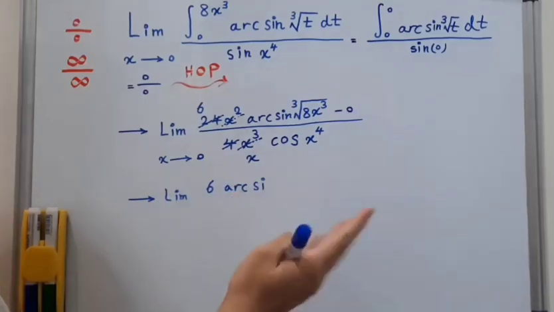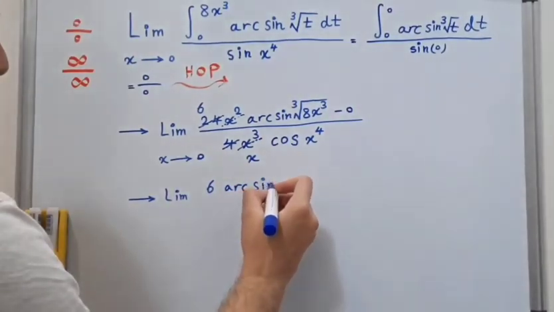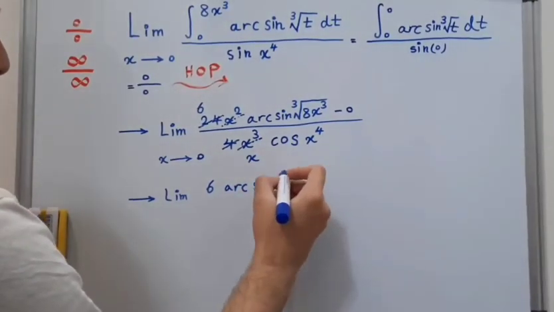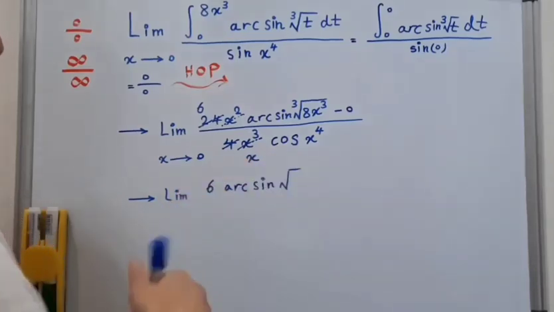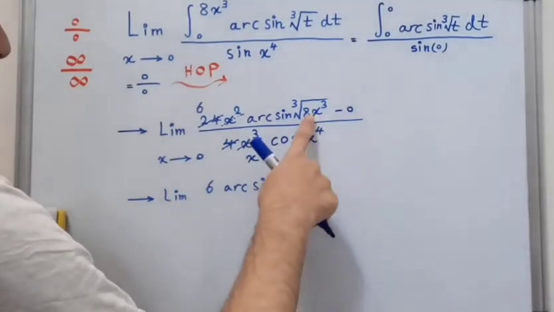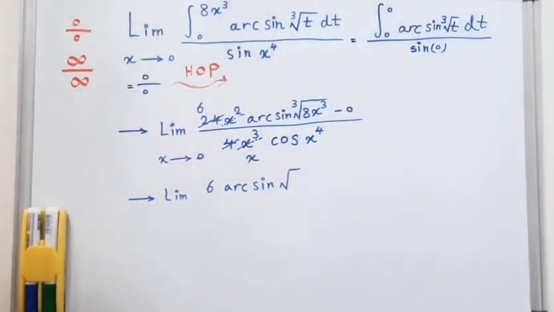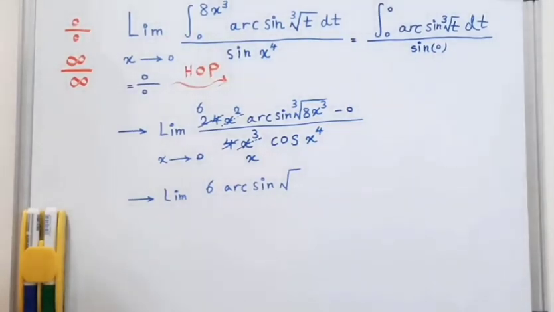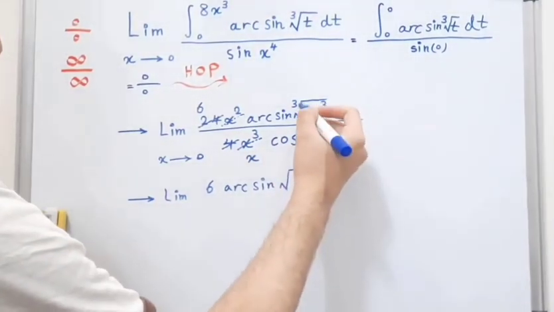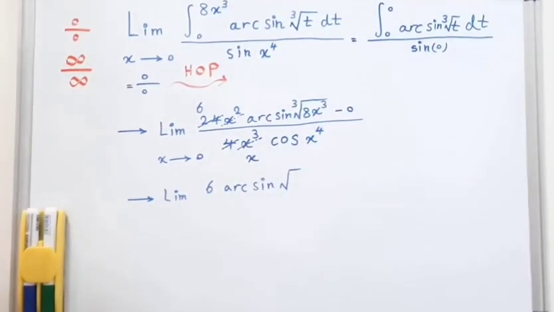Arc sine is that inverse sine. Forgot to tell that. And we can write 8 as 2 to the power 3, and 2 to the power 3 multiplied by x to the power 3 will be 2x to the power 3. That this root 3 goes with the power 3.